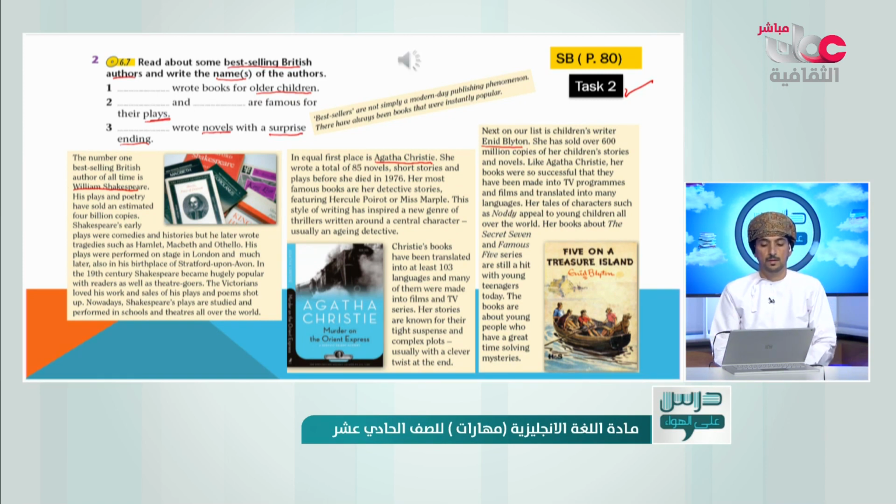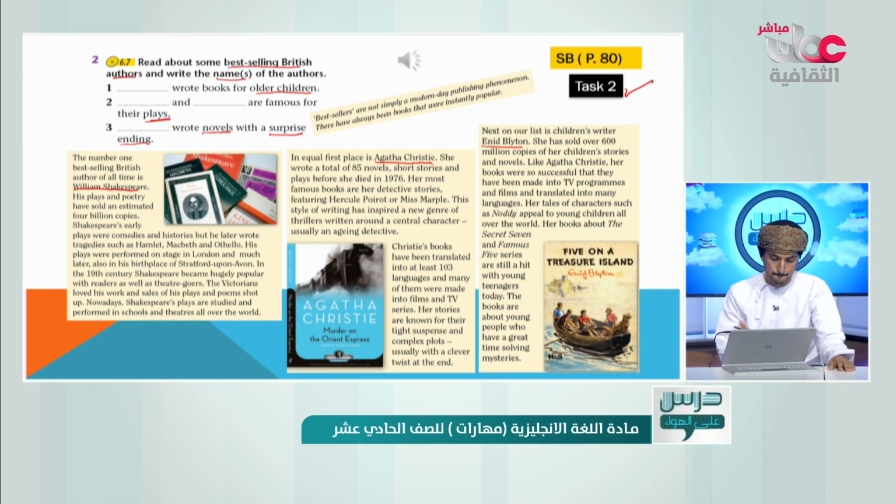Bestsellers are not simply a modern-day publishing phenomenon. There have always been books that were instantly popular. The #1 best-selling British author of all time is William Shakespeare. His plays and poetry have sold an estimated 4 billion copies. Shakespeare's early plays were comedies and histories, but he later wrote tragedies such as Hamlet, Macbeth and Othello.